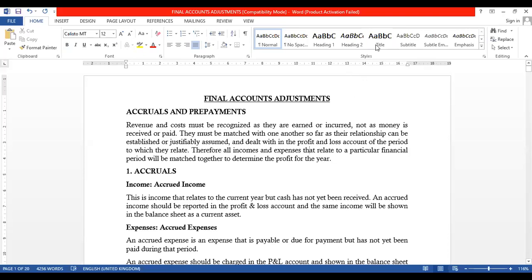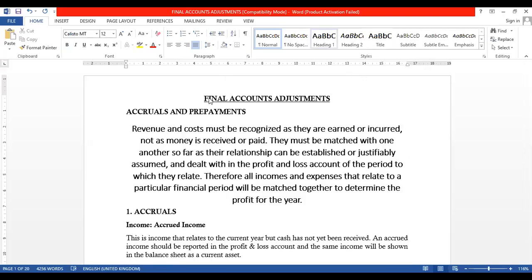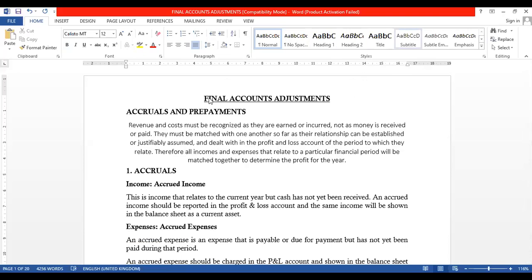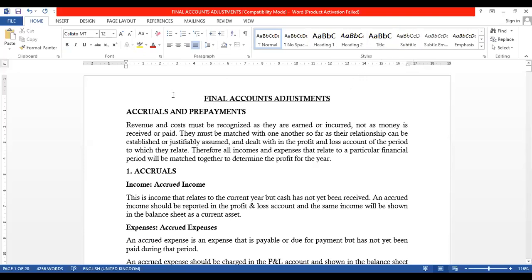You can confirm whether you're able to see my screen. Can someone confirm that you're able to see the screen? Is it clear?